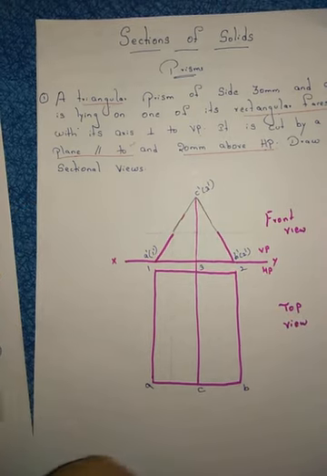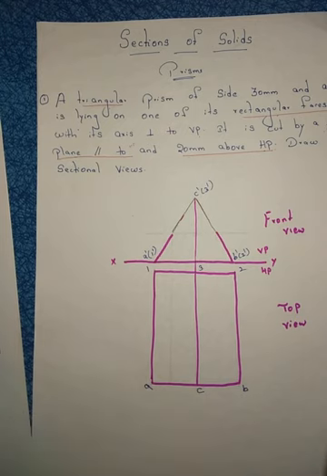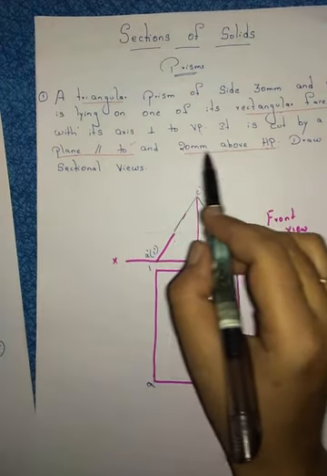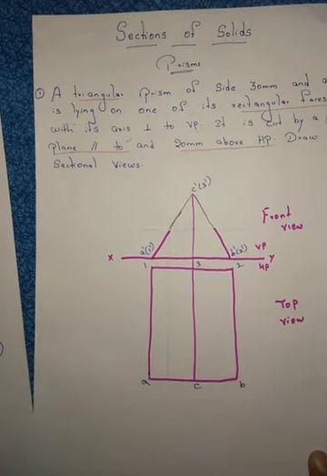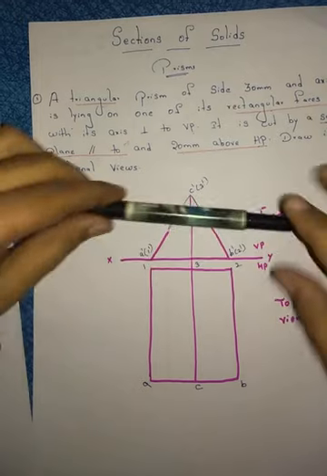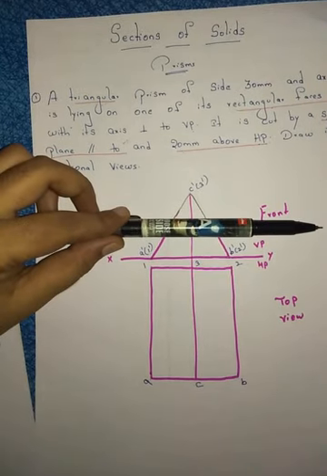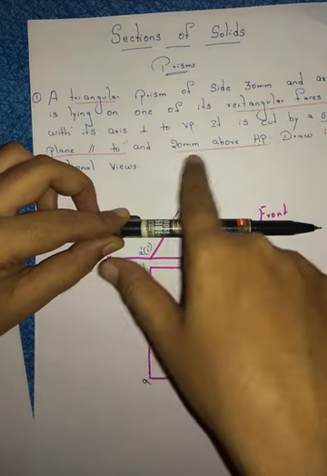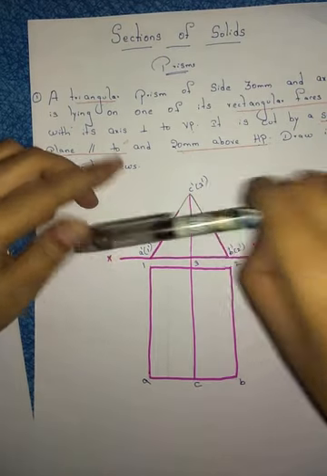You know this, right? Now coming to the second part of the question, what they mentioned: the sectional plane is parallel to HP and 20 mm above HP. This is HP. If I am drawing the sectional plane like this, this sectional plane is parallel to HP, first thing. Second thing is 20 mm above HP.